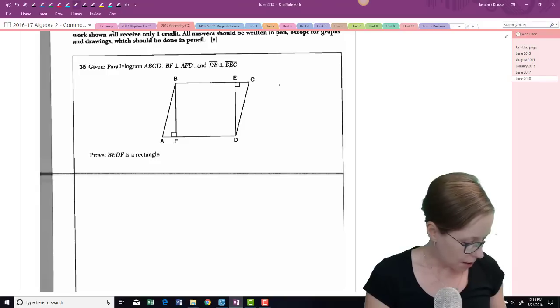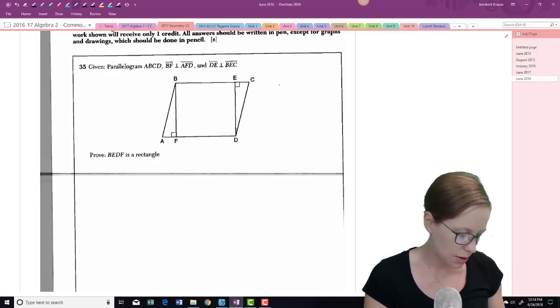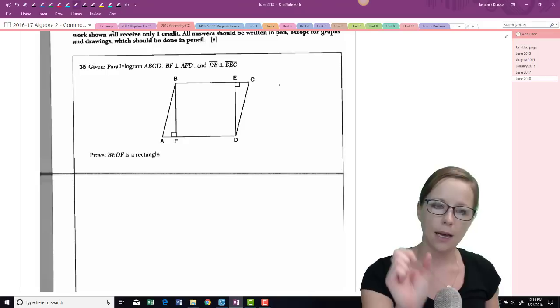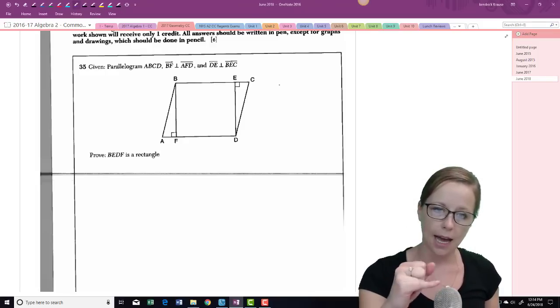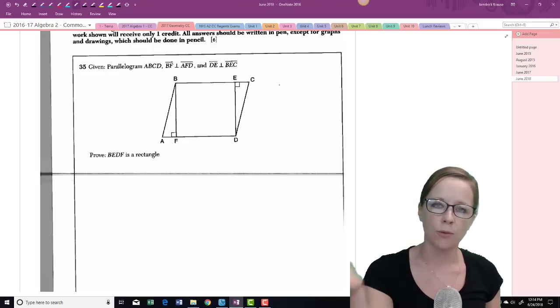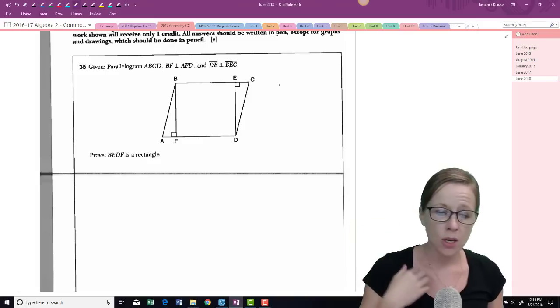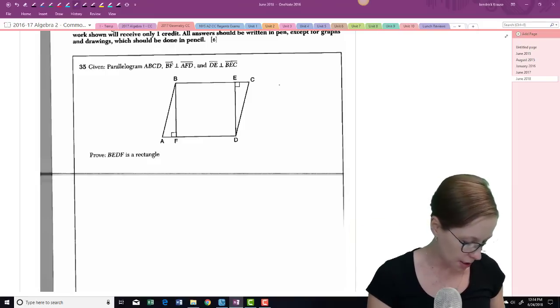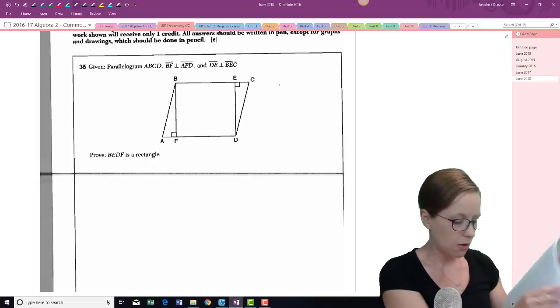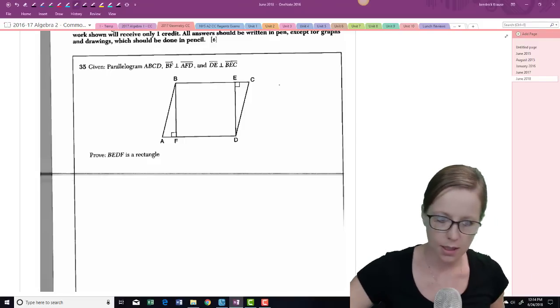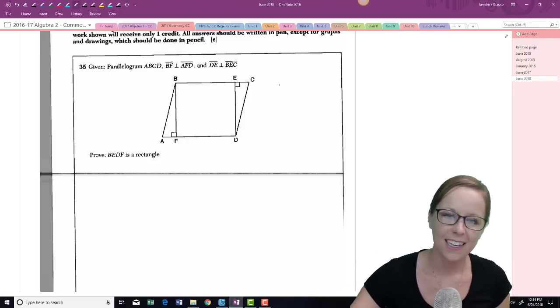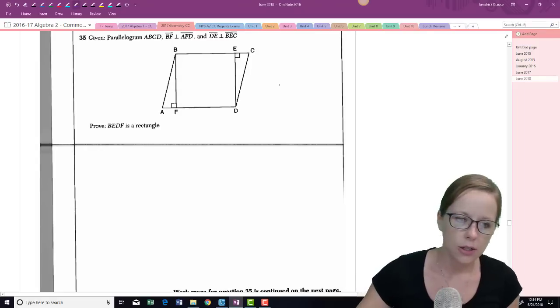You can establish that the inside, BEDF, is a parallelogram with a right angle, so it's a rectangle. So there's a couple of different ways. I'm just going to pick one of the ways and do it, because I can't do it 6 ways, we'd be here forever.